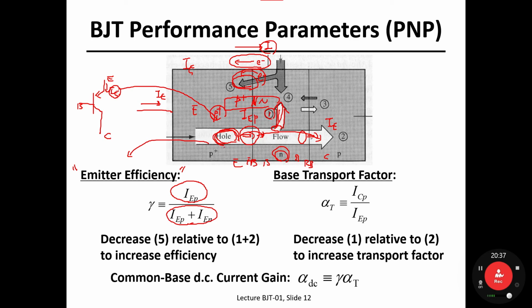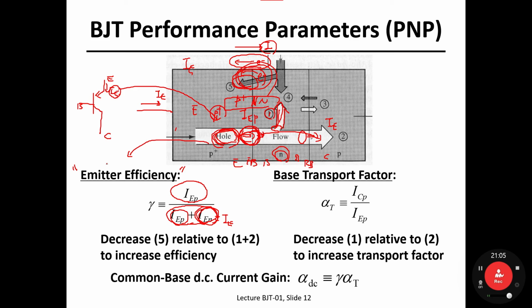Okay, so total amount of emitter current, IE, consists of two current components, I sub EP, this, and I sub En, this. Okay, all right. Then, emitter efficiency has been well used to quantitatively evaluate the BJT performance.